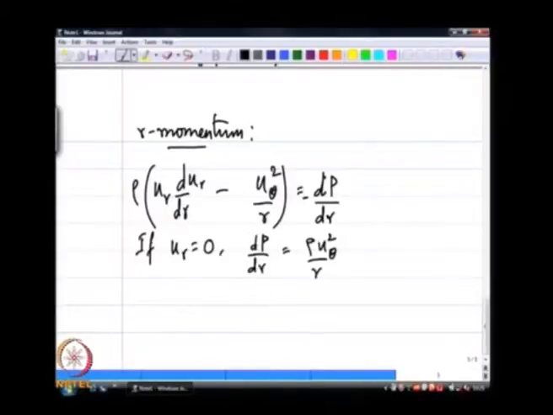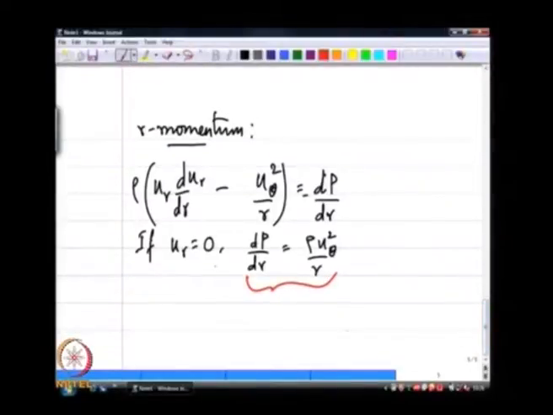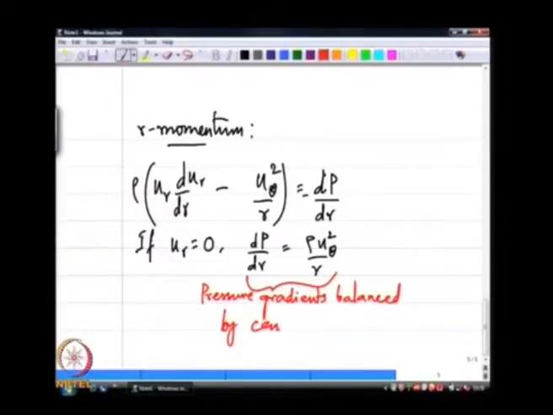So, for the case where the axis is contained inside the container, this is the only possibility, and this should look physically familiar: it basically says the pressure gradient is balanced by centrifugal force.